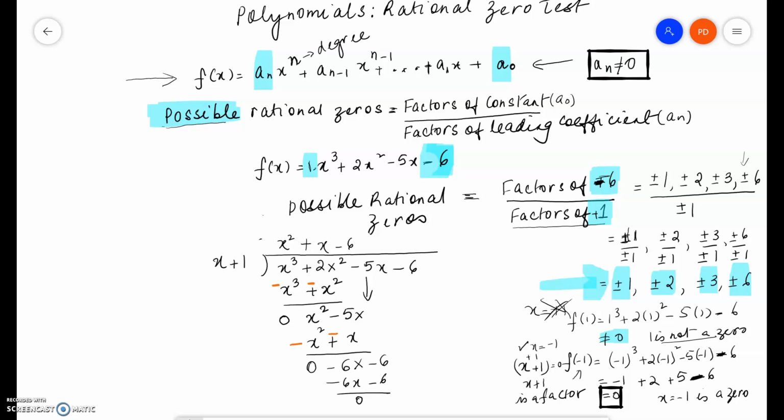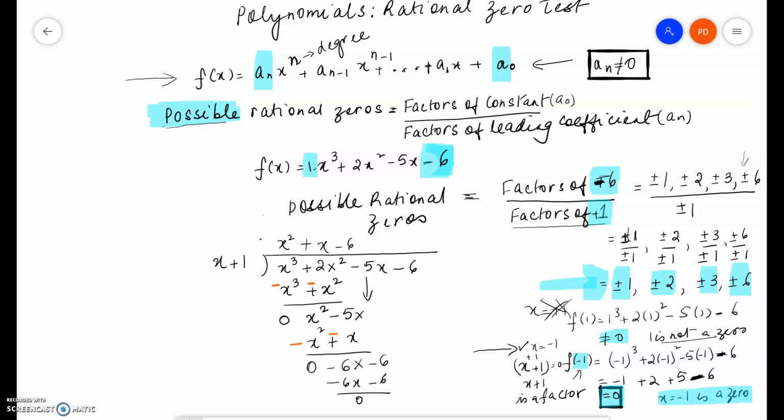Now we plug in x equals negative 1. When we plug in x equals negative 1, we do get a 0, which tells us that x equals negative 1 is a 0.